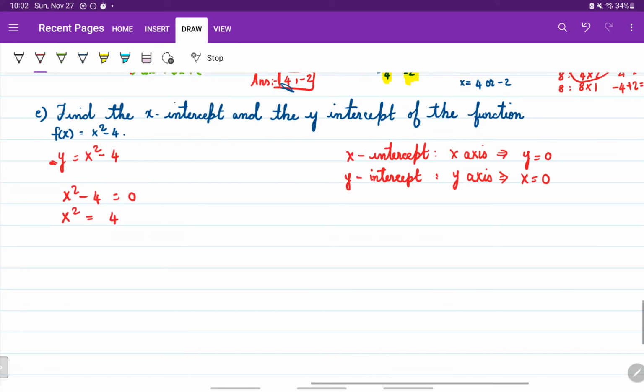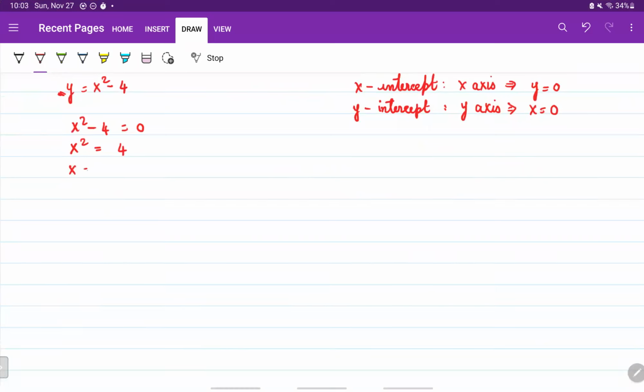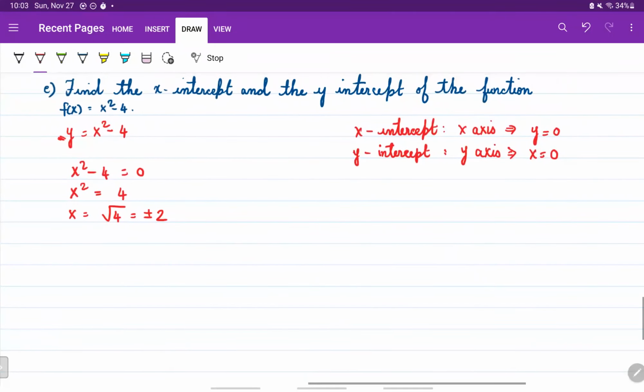We get this by adding 4 on both sides. And x is equal to root 4, which is plus or minus 2. So our x-intercepts here are (2, 0) and (negative 2, 0). Intercepts should always be written as an ordered pair.